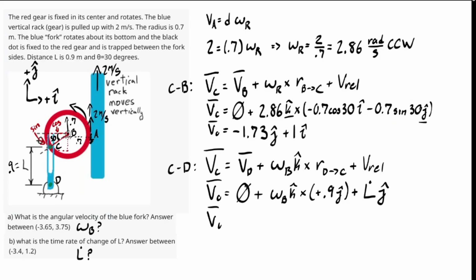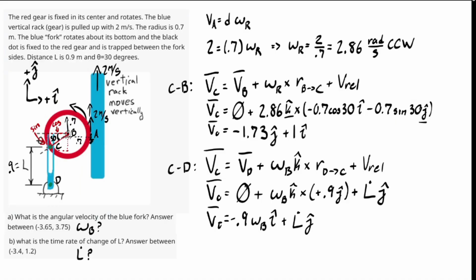So VC now equals 0.9 times WB. I'm just multiplying the constants, so 0.9 WB. And then now it is K cross J, which is a negative I. And then we have just this other term, plus L dot in J.